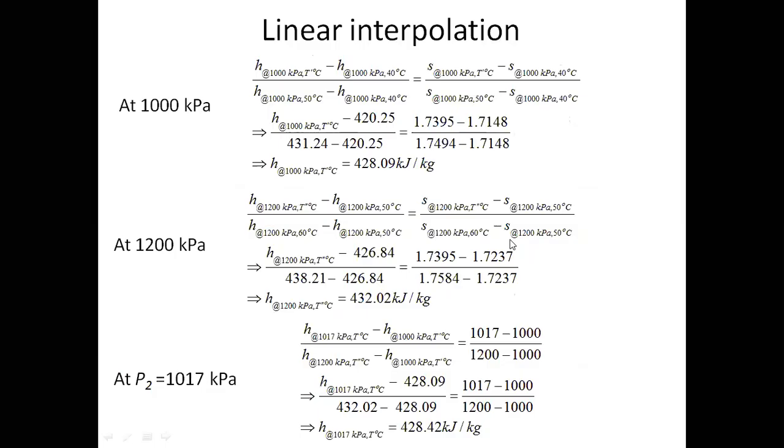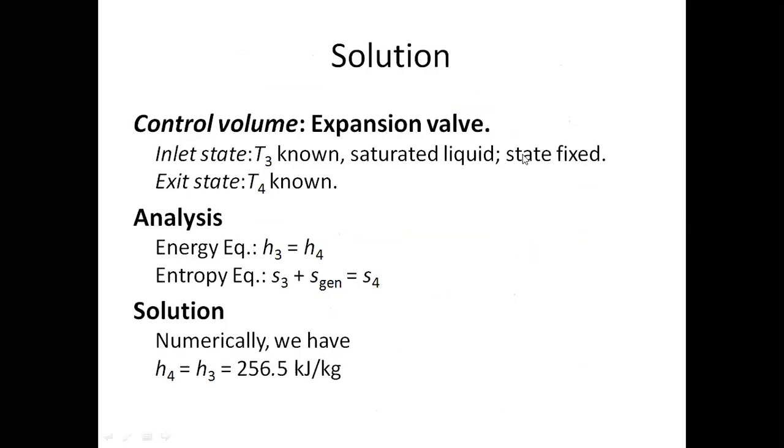Now we will see the analysis of another control volume, that is the expansion valve. For the expansion valve, the temperature T3 is known. It is given as 40 degrees centigrade, saturated liquid, so we can determine H3.